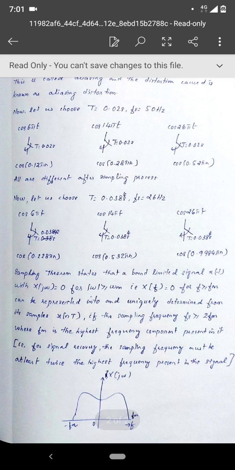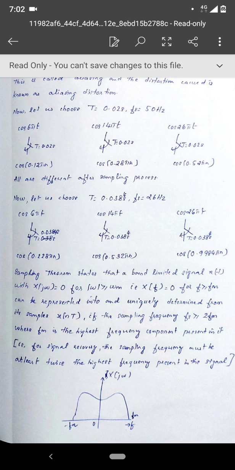So the highest frequency component in that composite signal is 13 hertz. I doubled it, that is I took it as 26 hertz. Then I found the sampling interval, applied that to the sampler, and for that highest component frequency, the argument of the cos function simply becomes pi n.